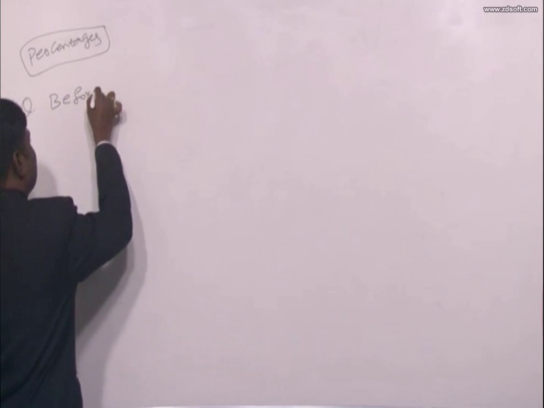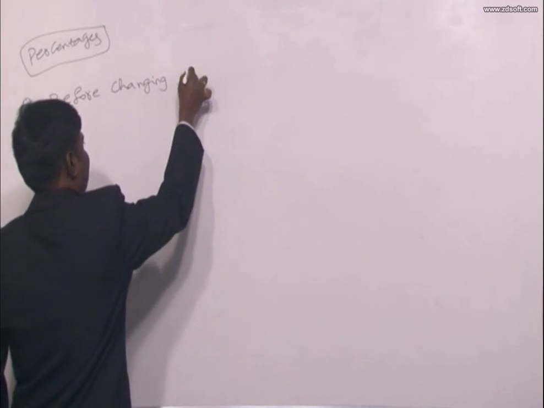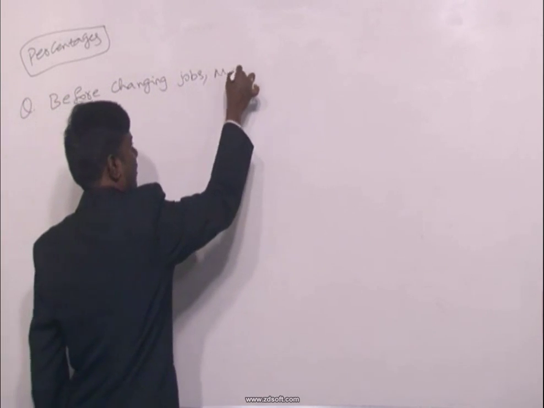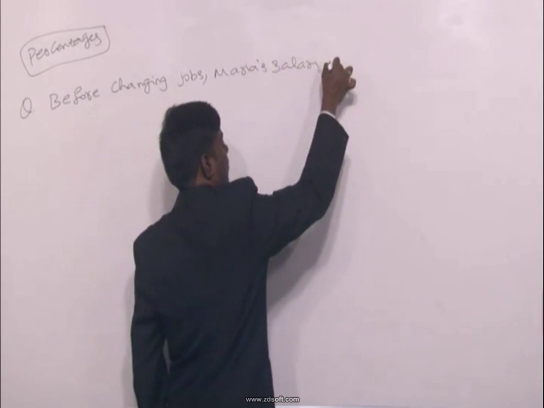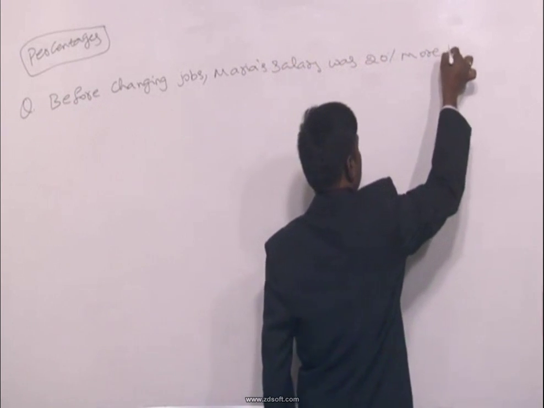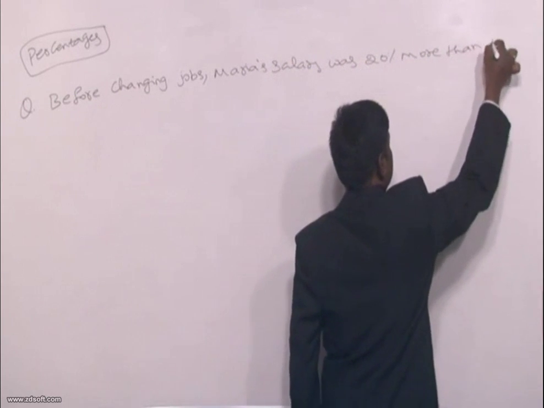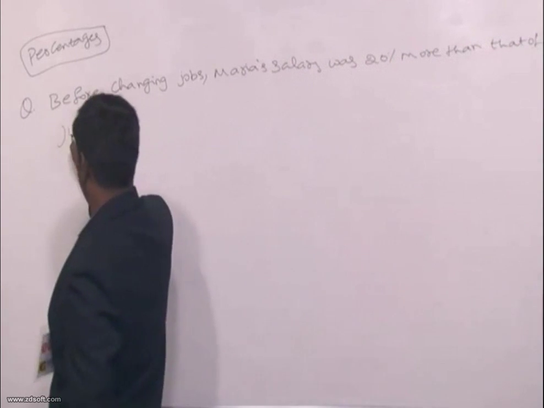Before changing jobs, Maria's salary was 20% more than that of Julio's salary.